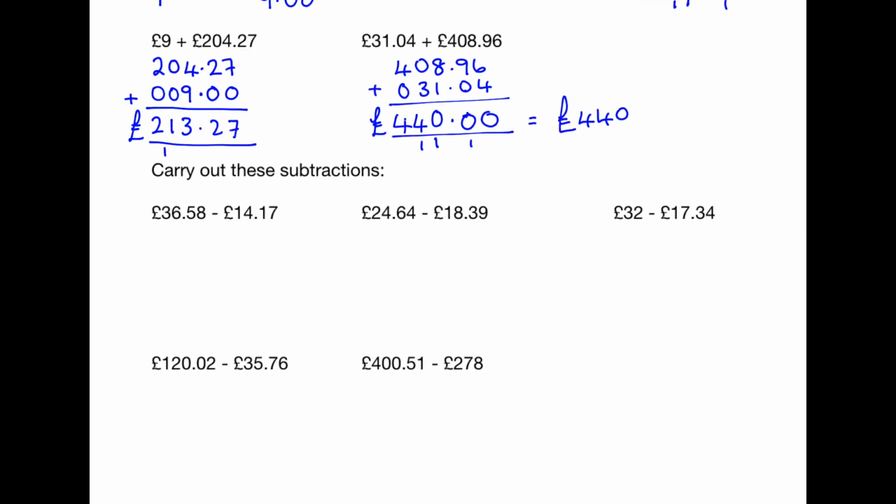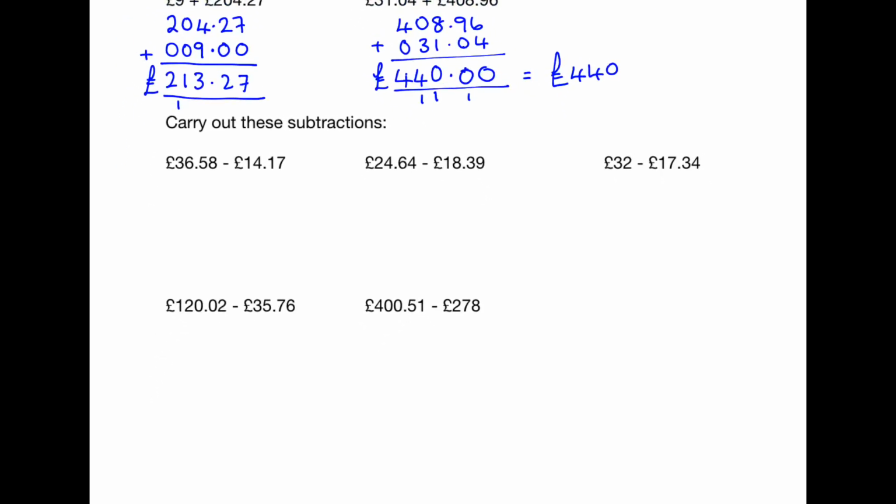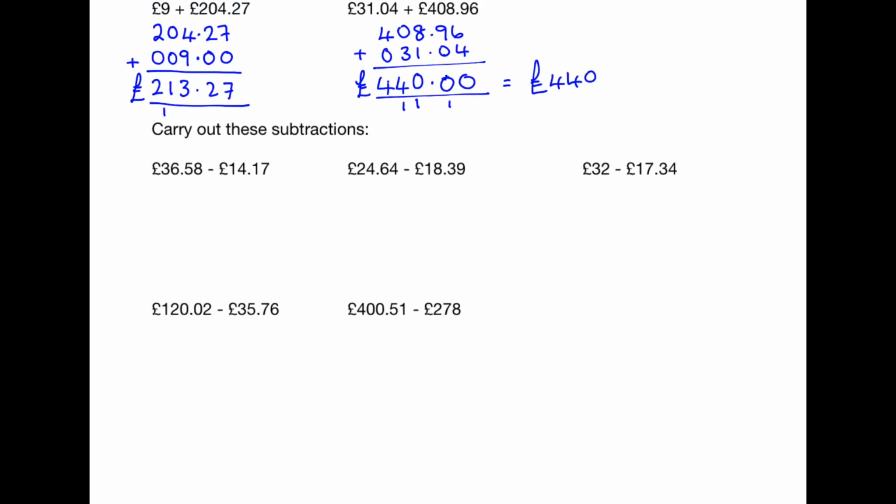Okay, right, so on with our subtractions then. And when we're looking at our subtractions, we're going to be really careful about these zeros. So first of all though, when we're doing our subtractions, we just need to take care and set things out properly like when we're adding.